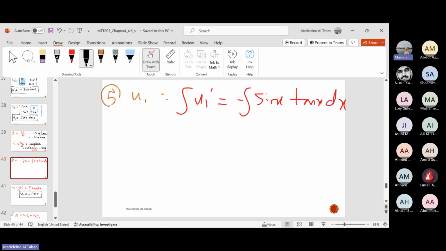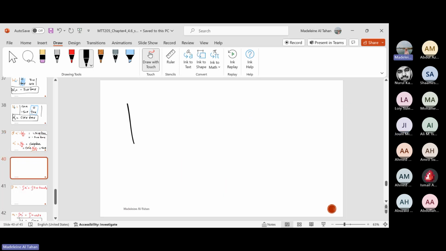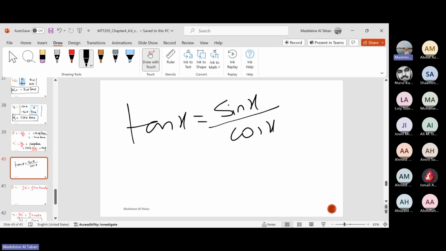Now we need the integral of this one. This one we need to rewrite in a better form in order to be able to find the integral. So what's tangent x, miss? Sine over cosine. So tangent x is sine x over cosine x.